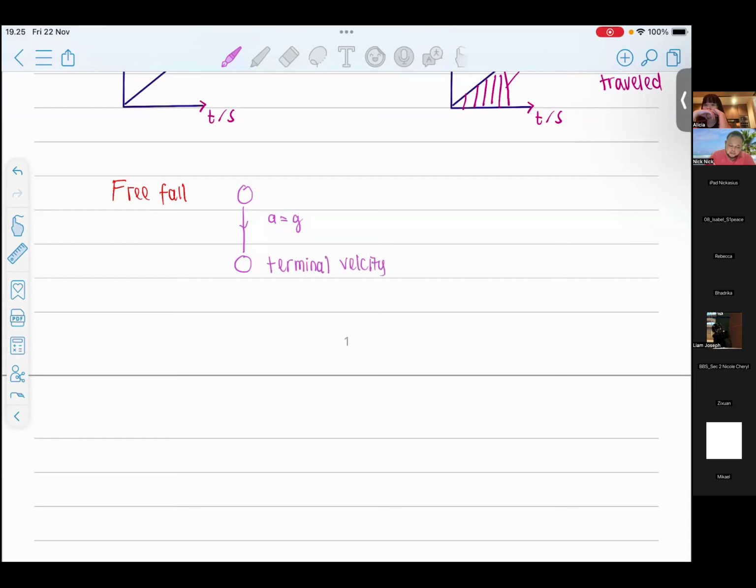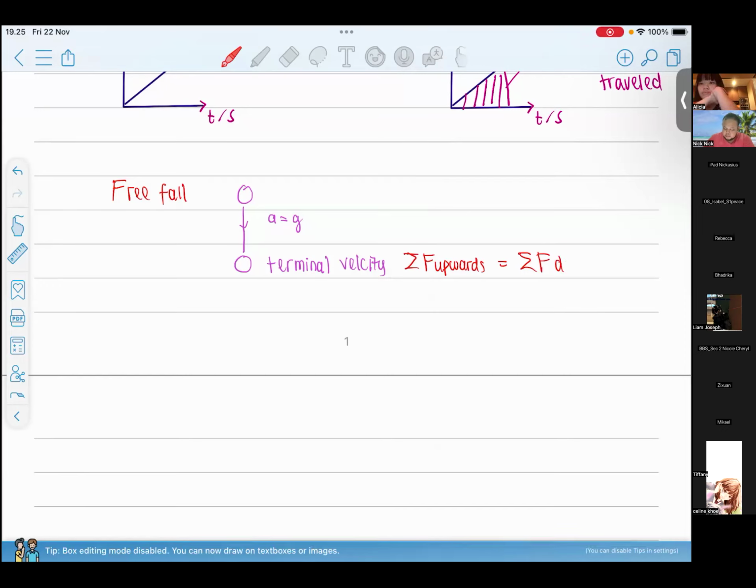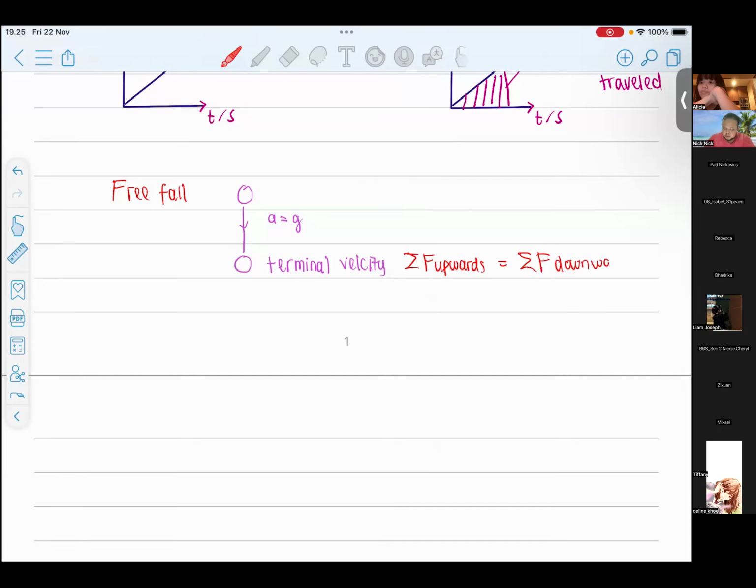In the condition of terminal velocity, sigma F upwards equals sigma F downwards. So the upward forces equal the downward forces.